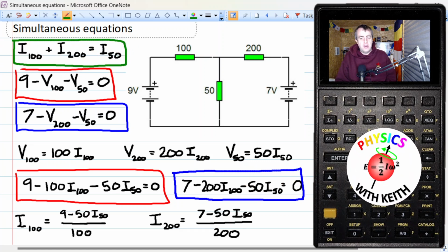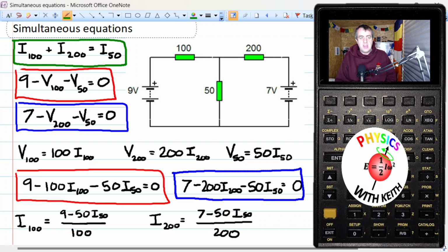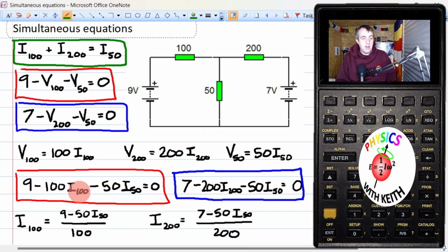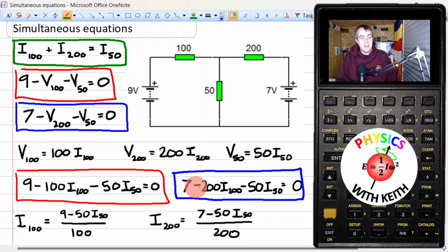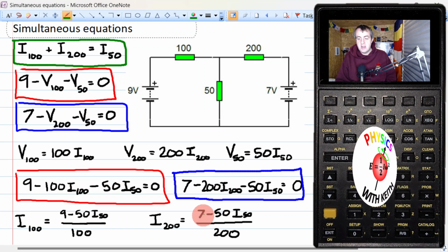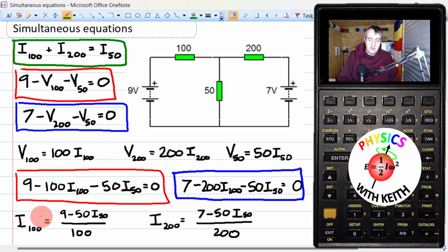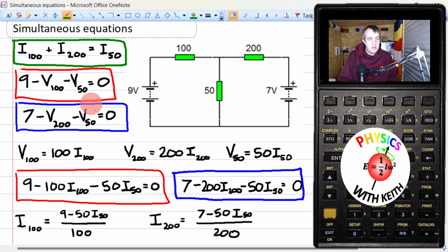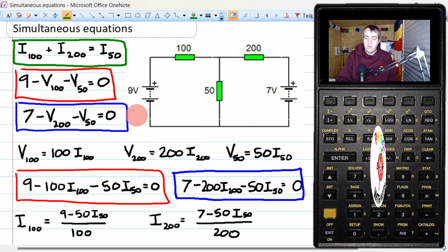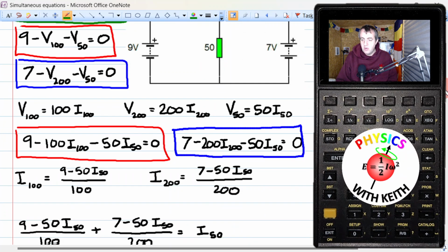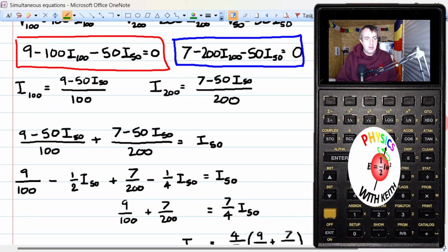I've taken the equation here, and I've rearranged it to make I100 the subject. I've taken this equation here, and I've rearranged it to make I200 the subject. And then I've substituted the I100 into the top equation, and substituted the I200 into the top equation. And that will give me an equation which only has I50 in it.